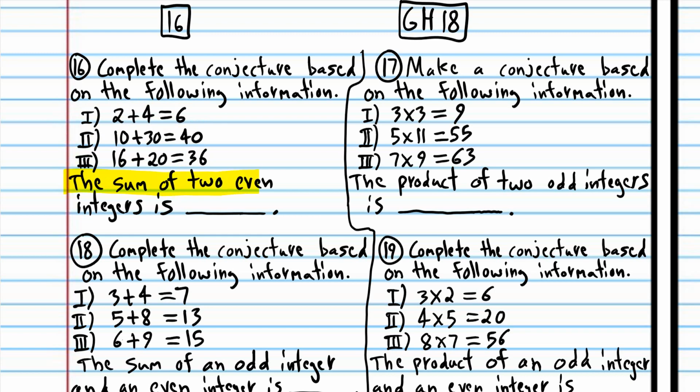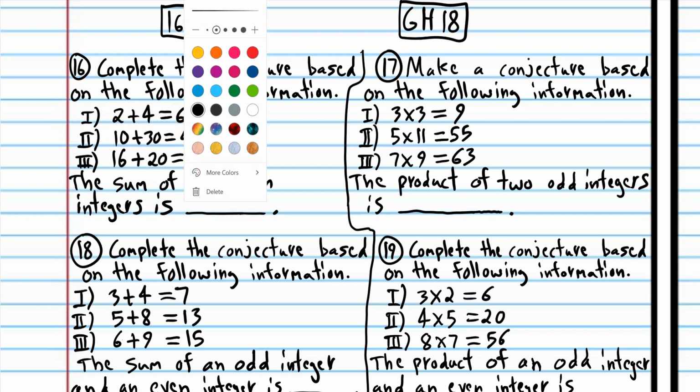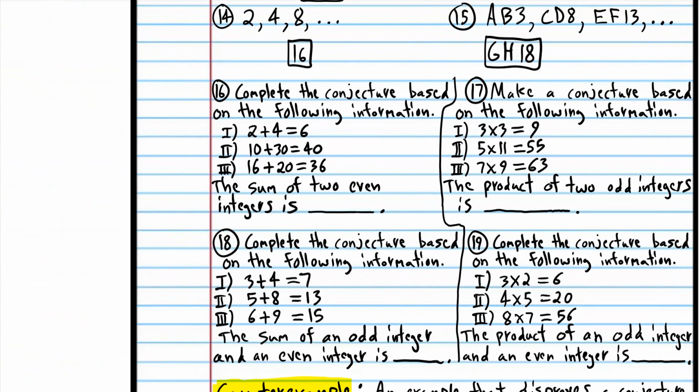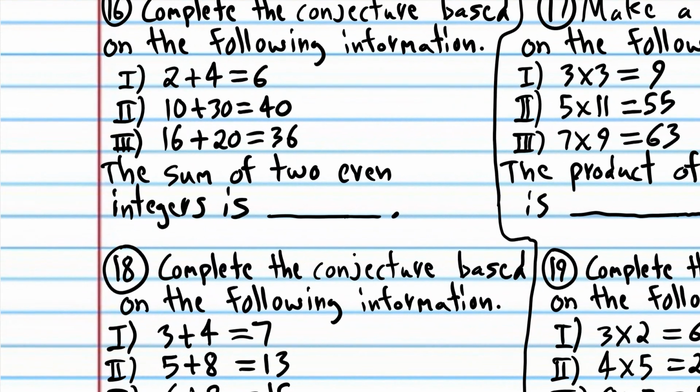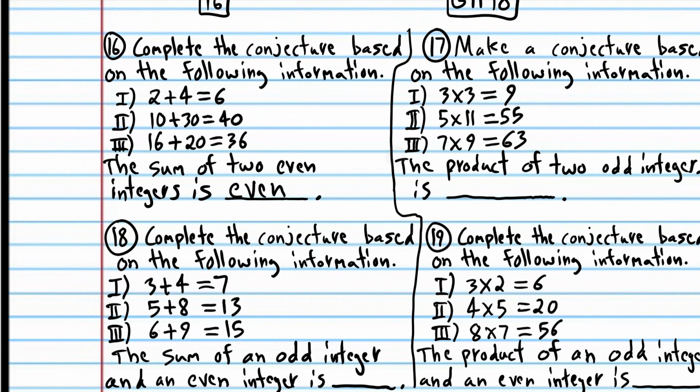The sum of two even integers is what? So the sum of two even integers is always equal to what? What is common to all these numbers? Well, if you said that they are even, you're correct. So we're just going to put the word even in there. So we're done with that one.